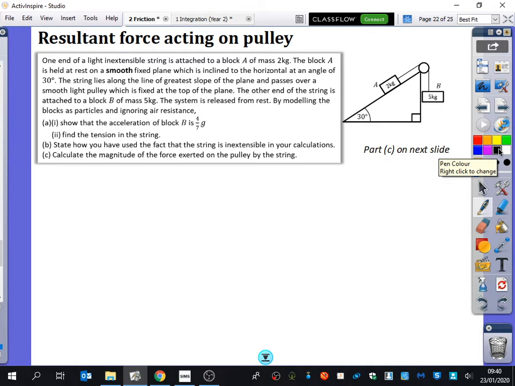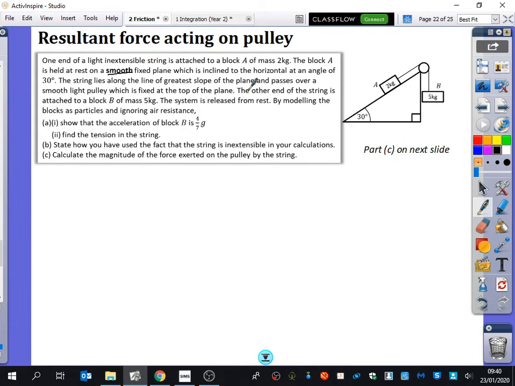Light inextensible string is attached to a block A of mass 2 kilograms. The block A is held at rest on a smooth fixed plane. Well, you're probably not going to get one of those in the exam. This is really because I'm wanting to explore what part C is, where we're talking about this resultant force acting on a pulley. So it's a smooth plane, angle of 30 degrees. It says the string lies along the line of greatest slope of the plane.